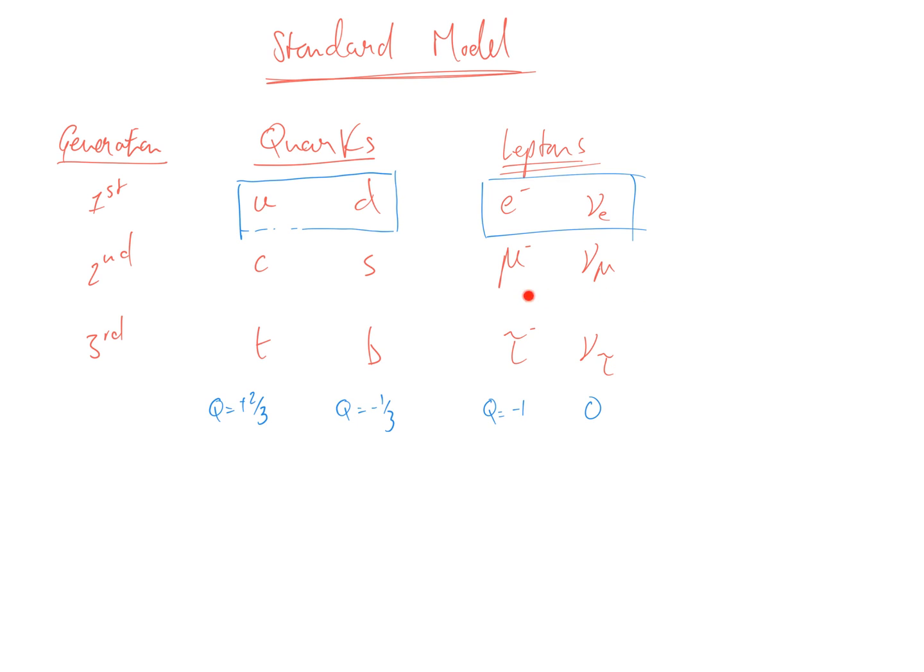But if you can increase the energy significantly, you can start accessing second generation quarks and third, which then give even more exotic particles to add to the particle zoo. Right, hope that's made sense.